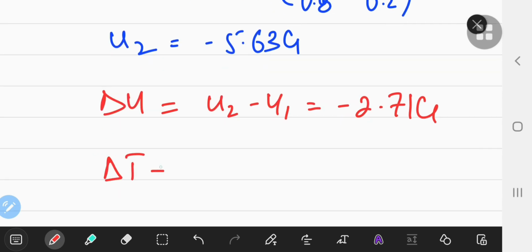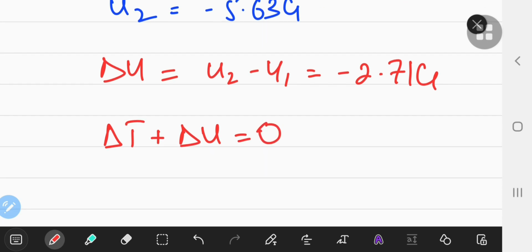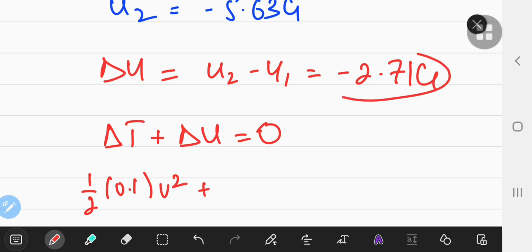So coming back to the equation that we were about to use, that our solution centered on. The change in kinetic energy was just half times m, which is 0.1, times the unknown velocity squared, plus this change in gravitational potential energy. And I might as well just shift it to the other side to get a plus sign, and I may finally just multiply this by the value of the constant, and that is going to give me a very small number, which is, oh, sorry about that, positive, because I just transferred it to the other side.